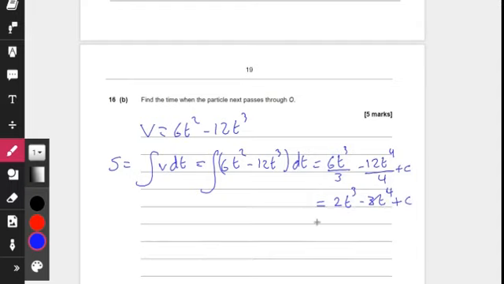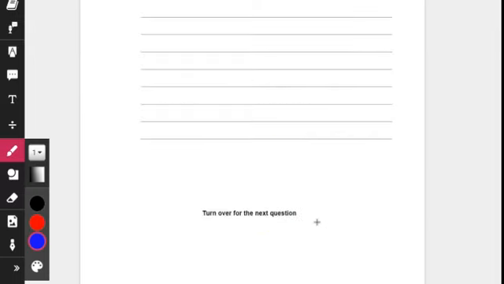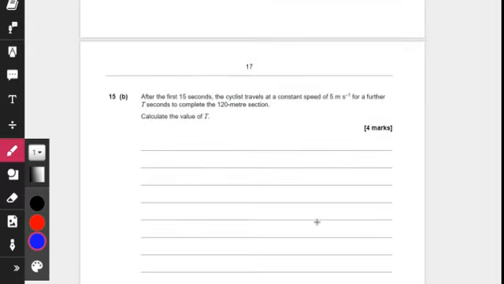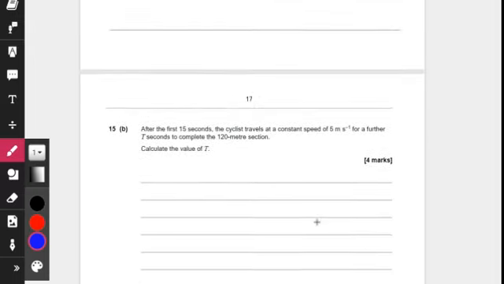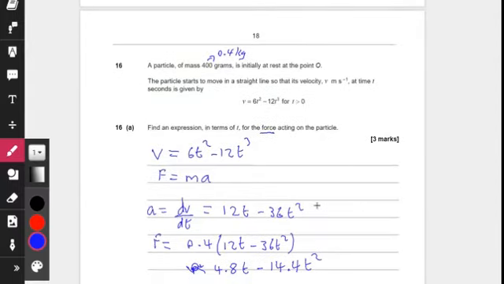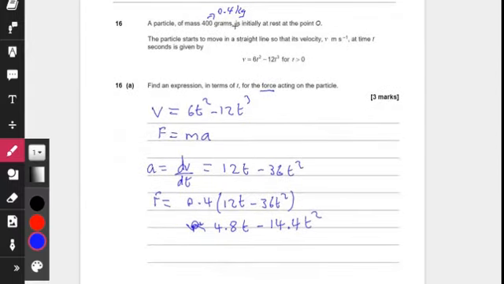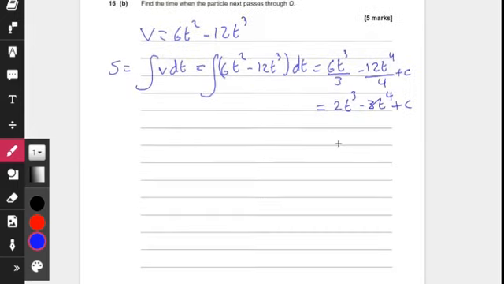Then we need to work out what that plus c is. The question says it's initially at rest. So initially, meaning when t equals 0, at rest means v equals 0, but specifically at the point O, our origin, if you like, our s is equal to 0.